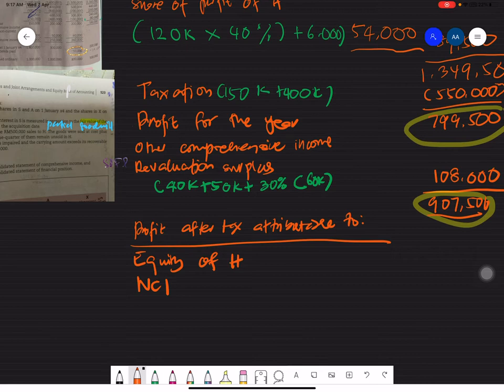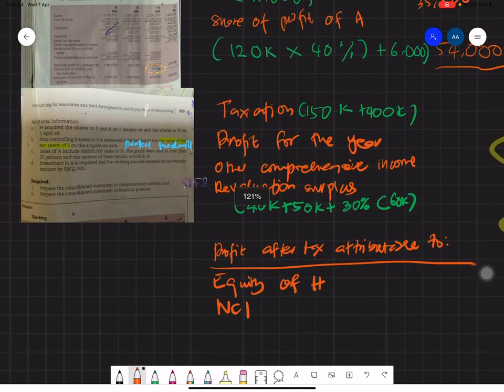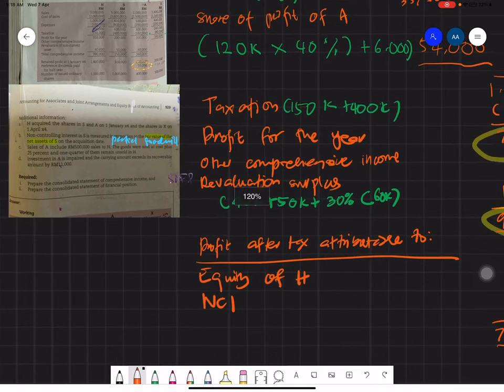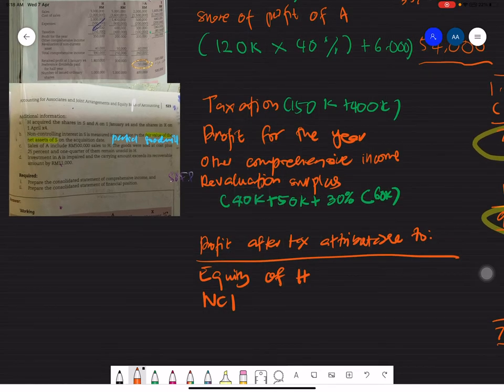Easy. Total, first you just take the total, again this one, and then divide between non-controlling interest and equity of H. The easiest way is you find the non-controlling interest and then the balance will be owned by the equity of H. To find how much profit after tax is attributable to non-controlling interest, remember, non-controlling interest relates to the subsidiary only.